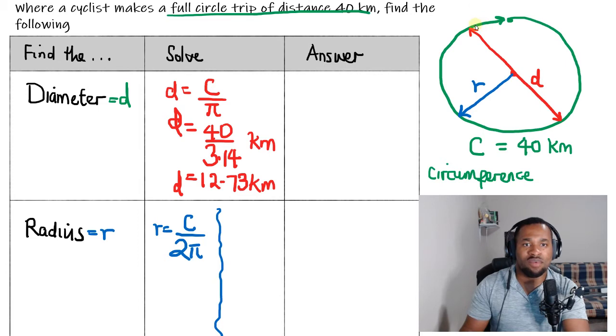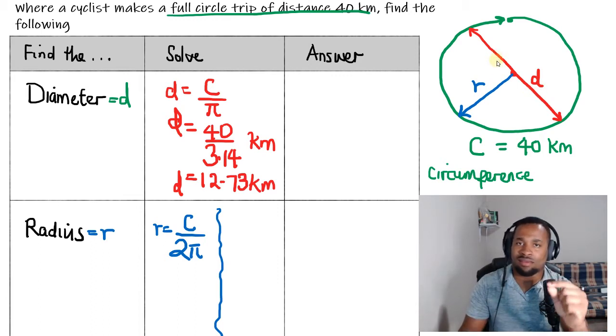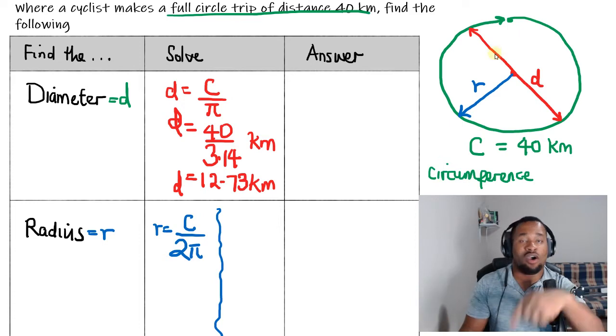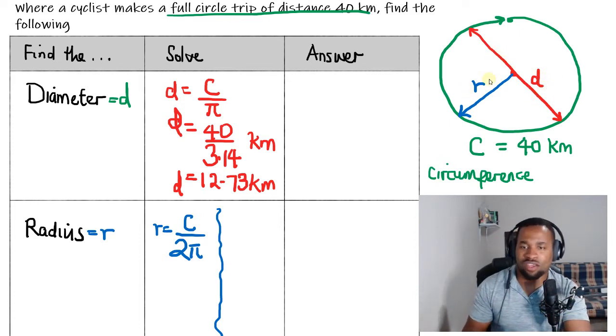If from here to here is r, and from here to here is r, then r plus r gives you the diameter. Therefore 2 times r gives you the diameter, or on the other hand, diameter divided by 2 gives you the radius. So the radius is equal to the diameter divided by 2.